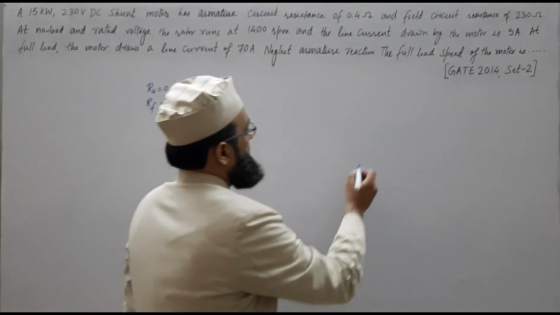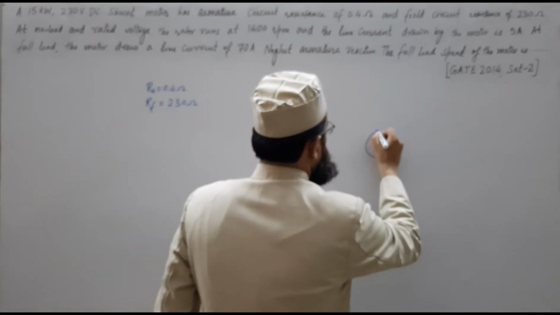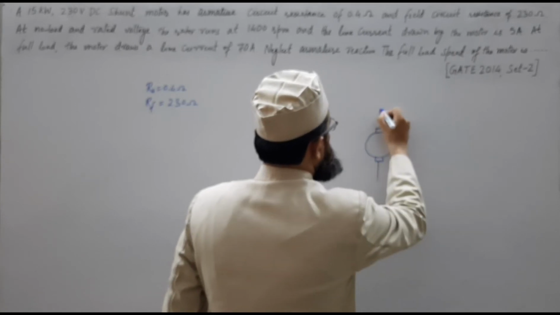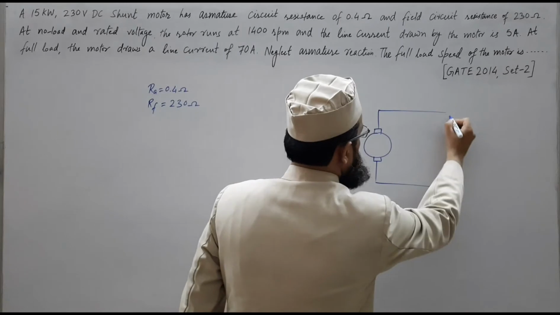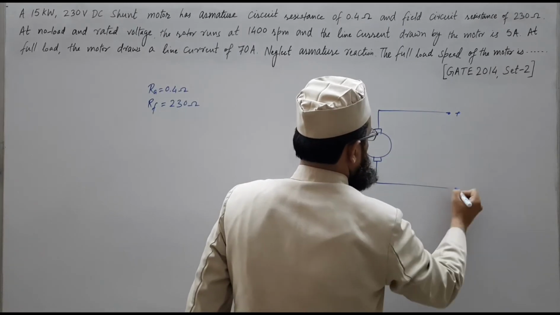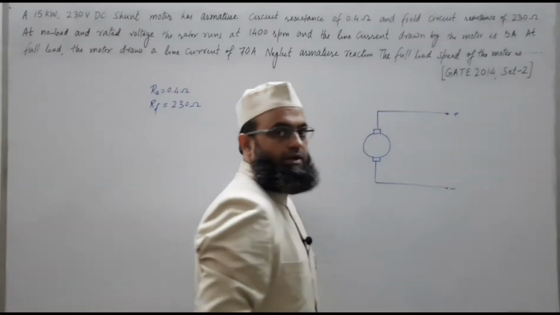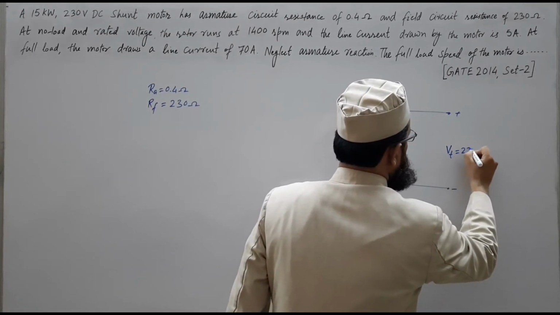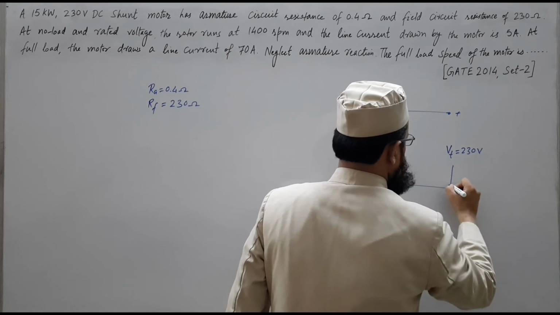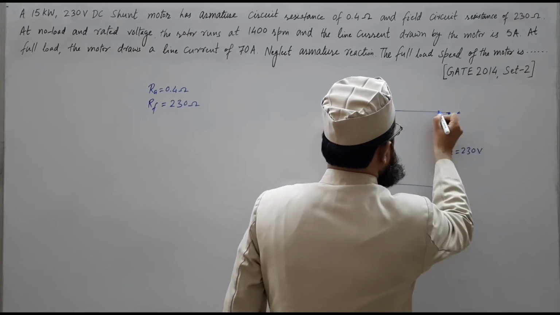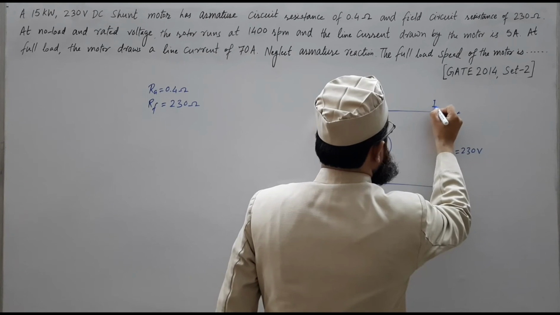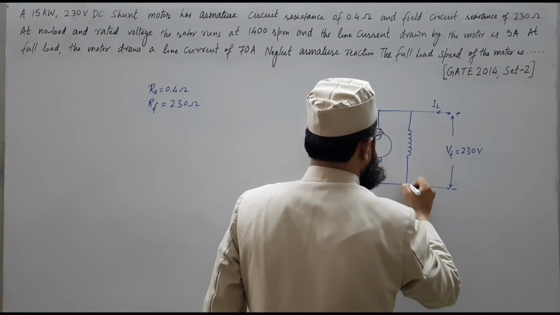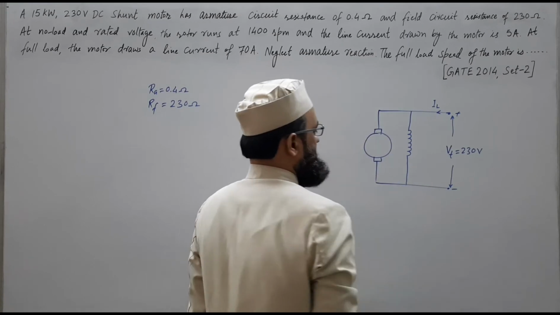As soon as we see a problem on DC shunt motor, the diagram which comes to our mind is: armature terminals supplied by supply voltage Vt, given as 230 volt, line current drawn is IL, and field winding is connected in parallel with armature.